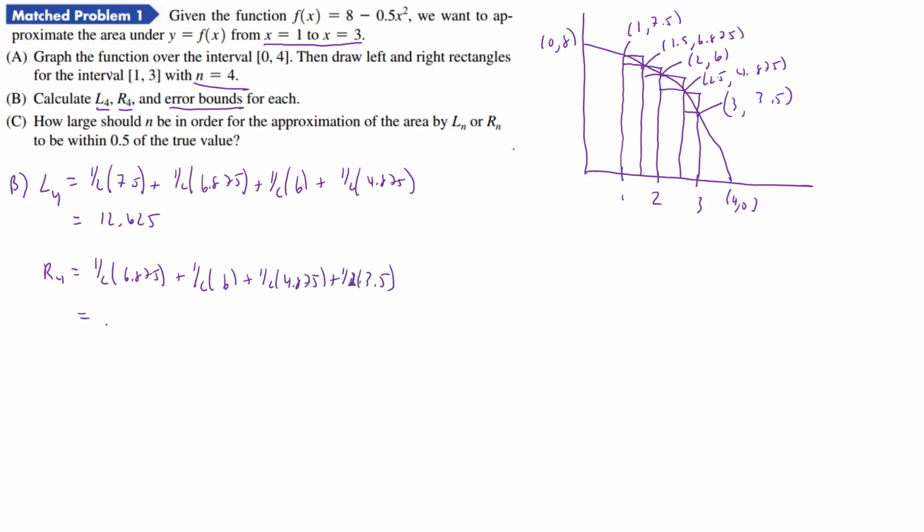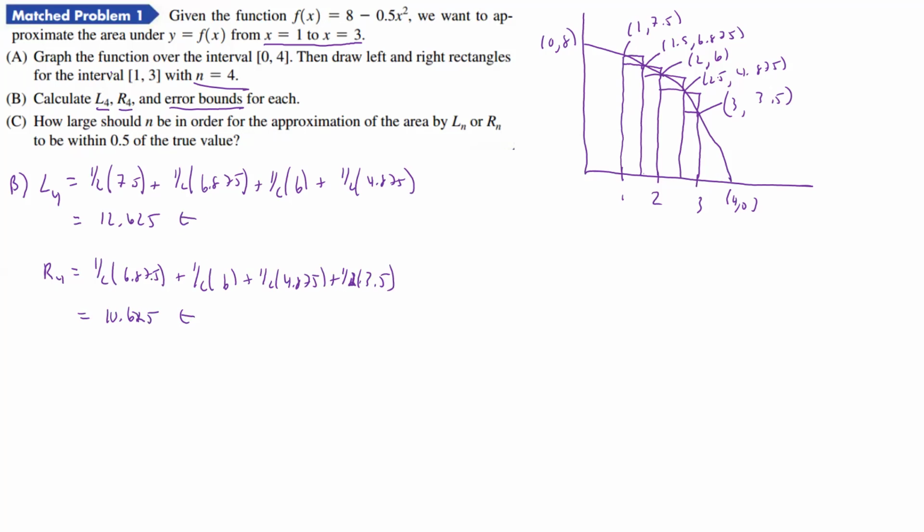And again, to save time, that's 10.625. Now notice this one's underestimating. And that's what we kind of saw when we went this direction. When we have a decreasing function, then we're overestimating on the left and we're underestimating on the right.